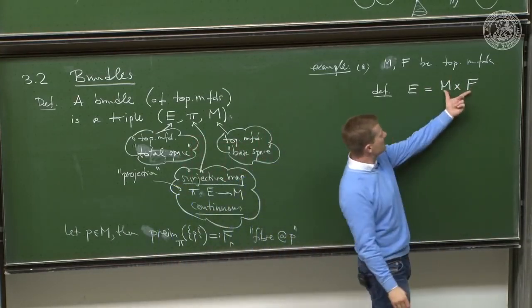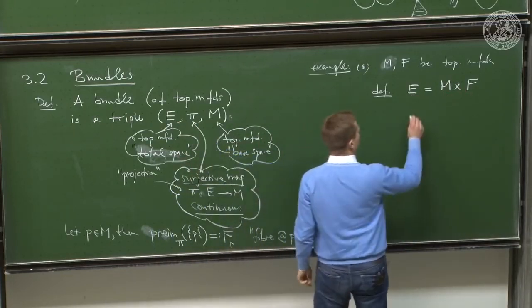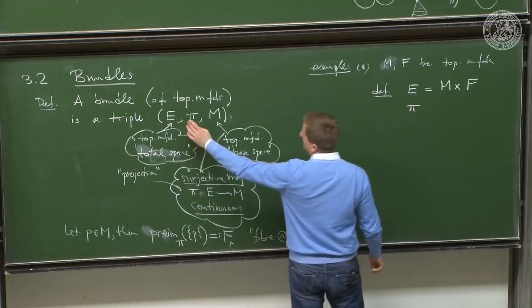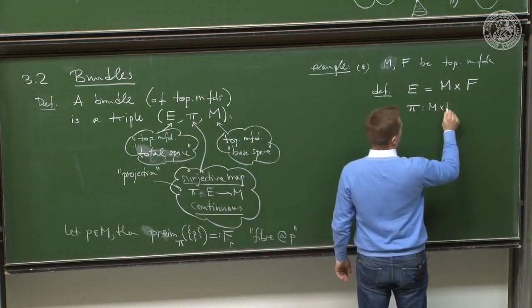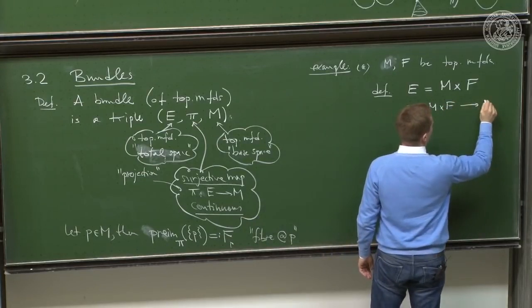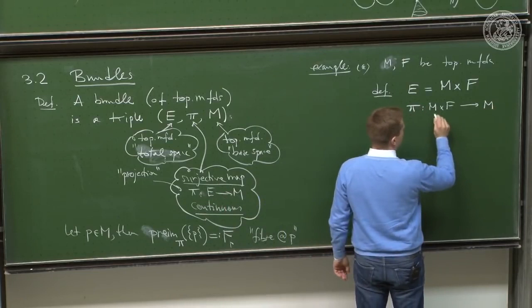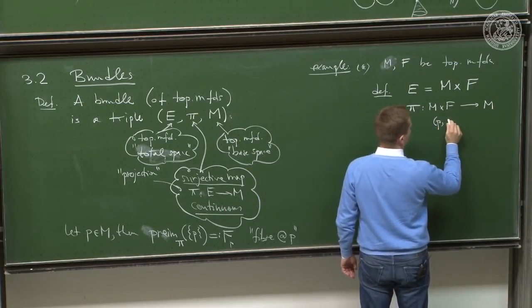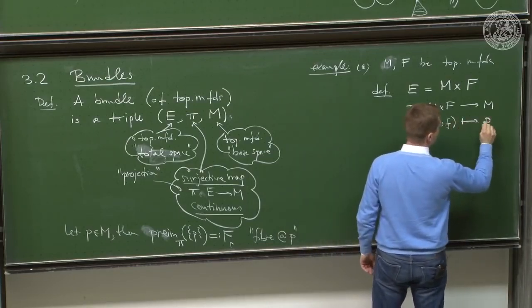Obviously we know if these are topological manifolds, this is a topological manifold. I also have to define the datum pi. Pi is a map from E, that means from M cross F, down into M. And I need to define it. Well, it's (p, f), f an element of the fiber, and you map this down just to p.